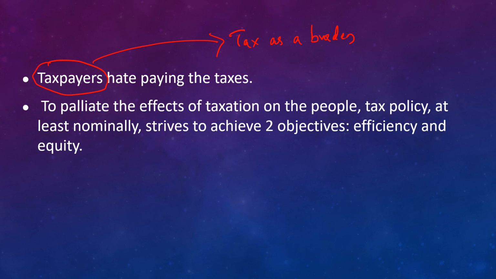The government wants taxpayers to consider taxes less burdensome, and that is why the government always keeps in mind that whenever it goes for taxation, it has to attain at least two objectives. First is the efficiency criteria and next is the equity criteria. So whenever the government goes for taxation, it should satisfy these two criteria: the efficiency condition and the equity condition.